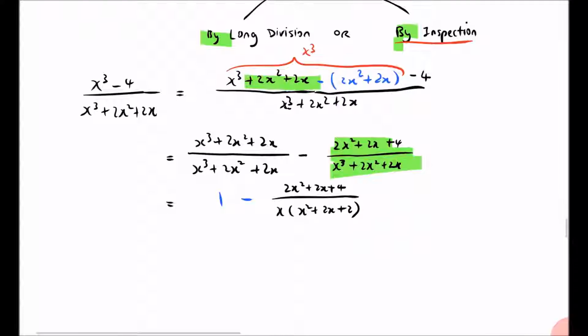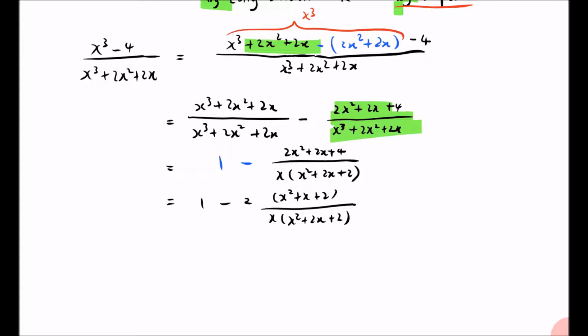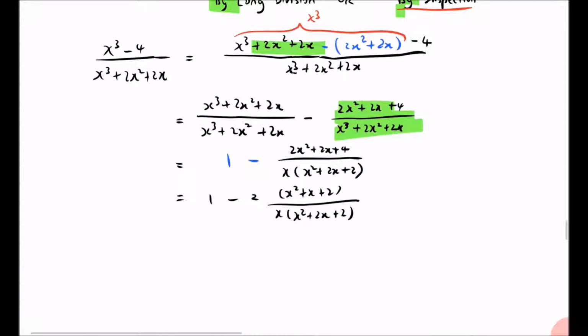Before you use that, actually there's a 2, so we can take out the common factor. Instead of using partial fraction, sometimes we can use inspection also.